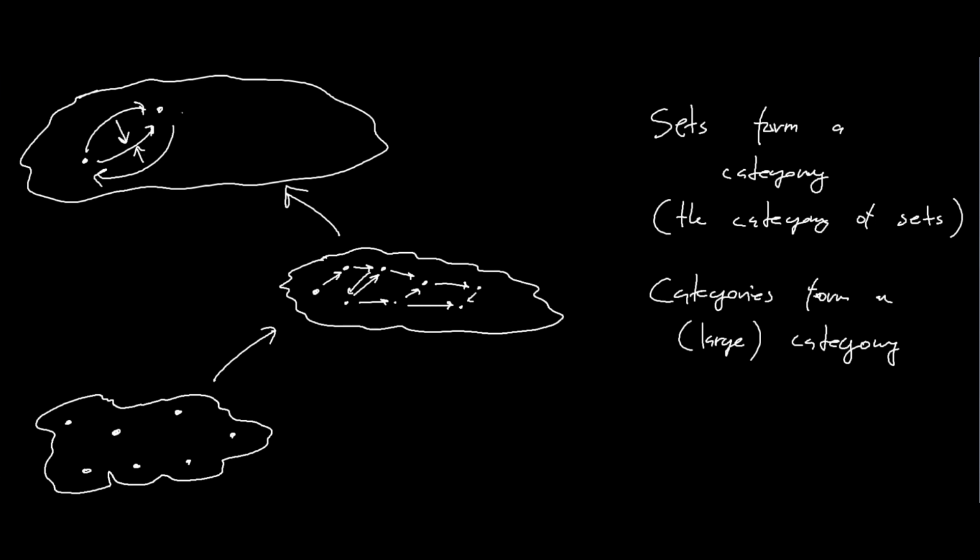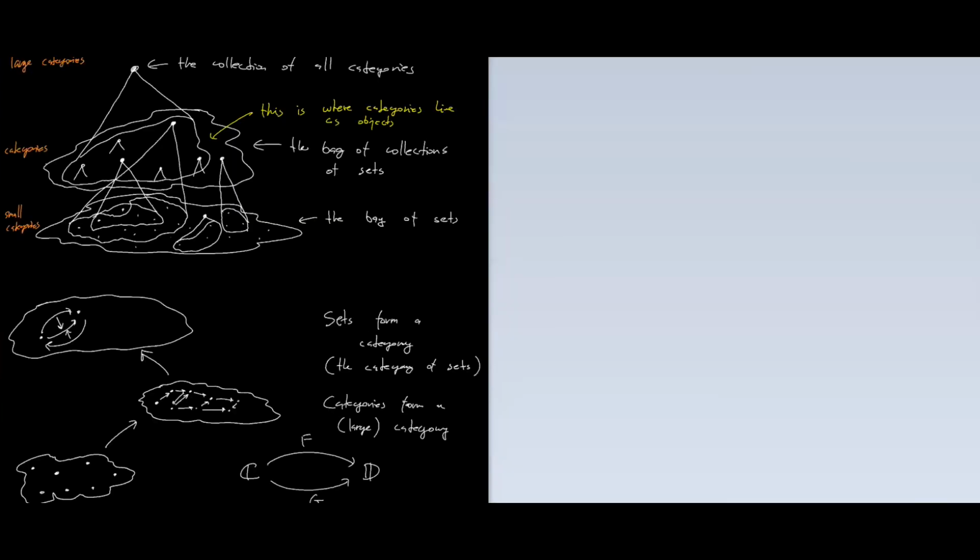We're not going to go into two-categories in our course, but we are going to explain how we can introduce the idea of a morphism between functors. So if I have two functors going in the same direction, there will be a very natural notion of a morphism between functors.